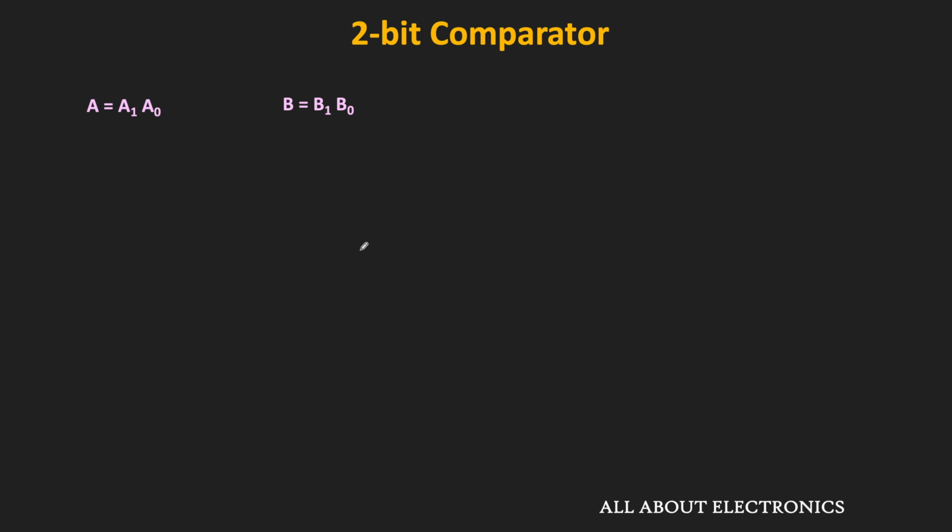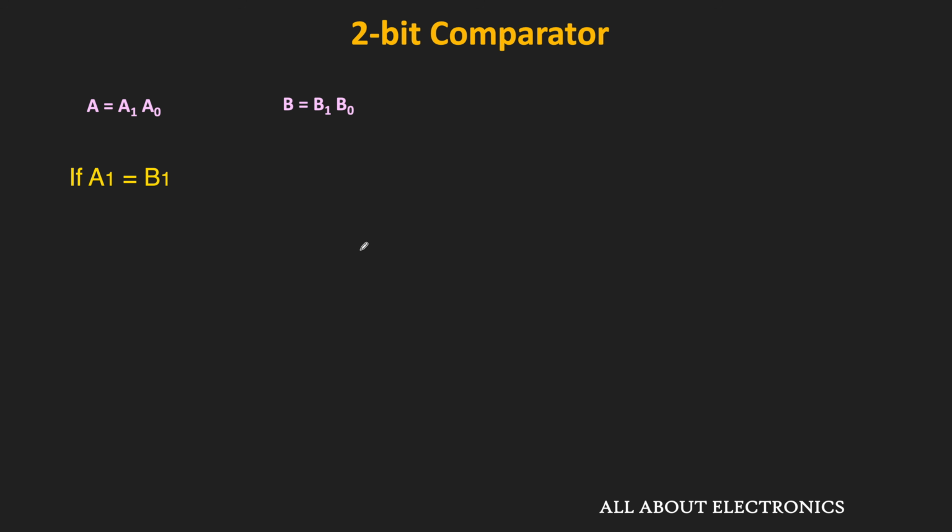Now if both the MSBs are equal, then we should look for the next higher bit. So in this case, suppose a1 is equal to b1, then we look at the next bit, that is a0 and b0. If a0 is greater than b0, then we can say that the number a is greater than b. On the other hand, if a0 is less than b0, then a is less than b.